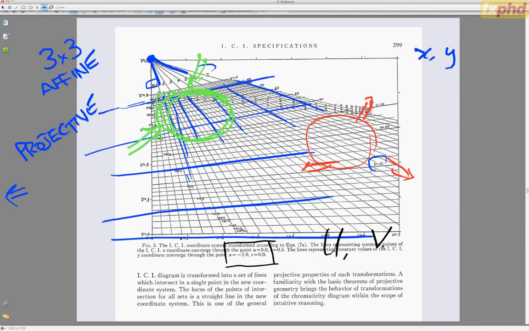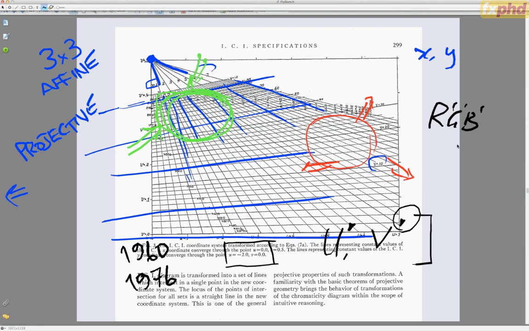Now, this diagram that I've just shown you, if you read carefully down here, it's the UV diagram. And this one was made in 1960, but there was an improved one made in, I want to say, 1976, and it's called U prime V prime. Now the primes here are not exactly the same primes as the RGB primes. However, like RGB prime, this scheme is trying to be perceptually uniform.